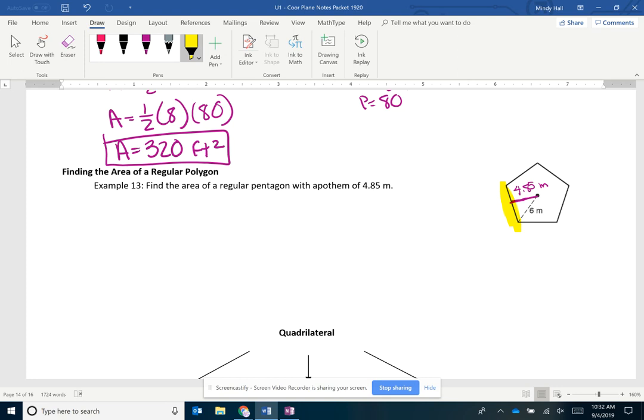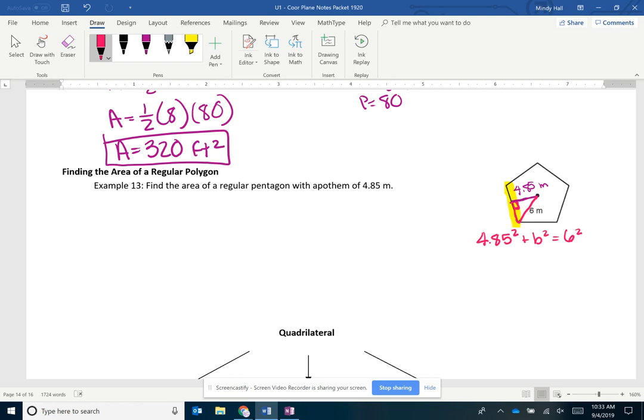But you notice that's not really very helpful right now because I don't have any of that information. But you do have a way to solve it. You notice that it looks like a little right triangle in here. One way to find your side length is to use the Pythagorean theorem. So I have an A, I don't have a B, but I have a C. So 4.85 squared plus b squared equals 6 squared.